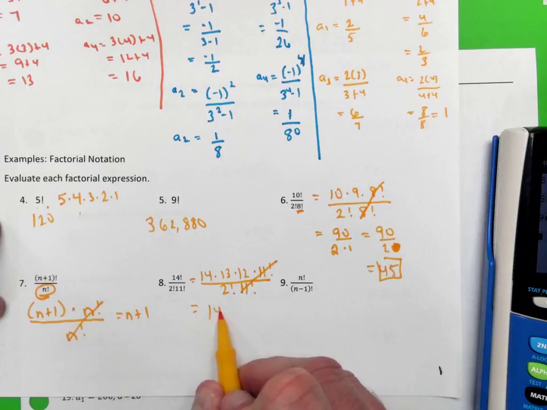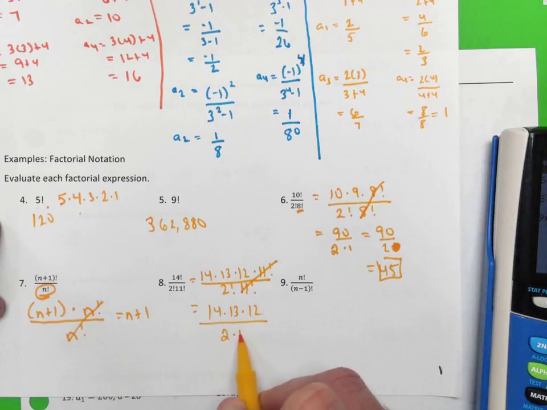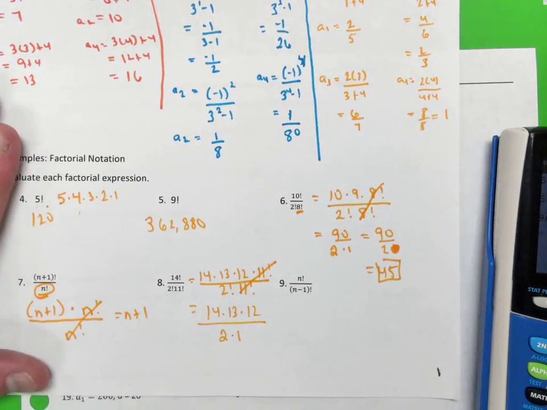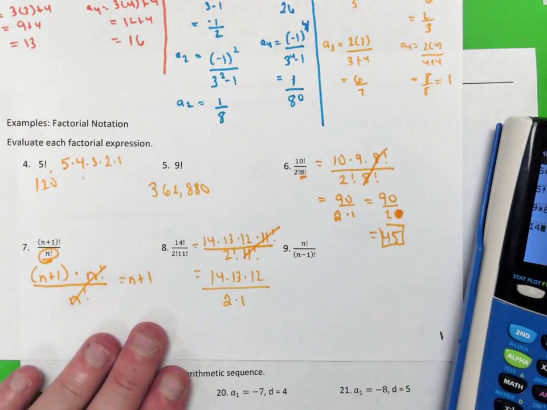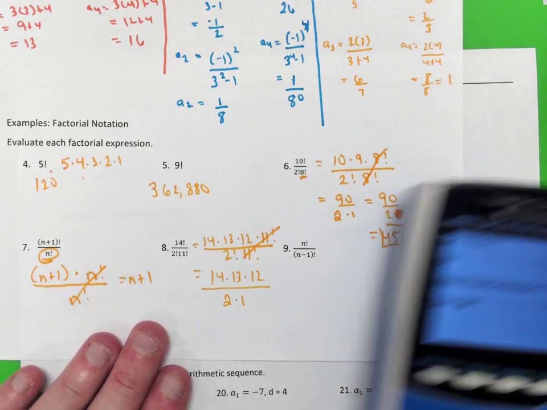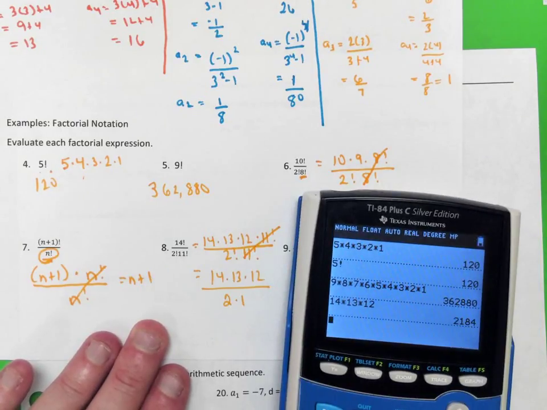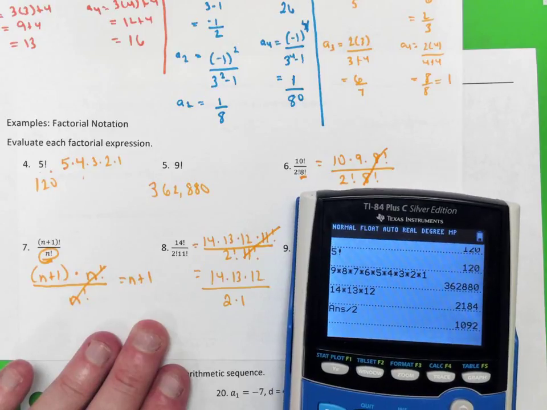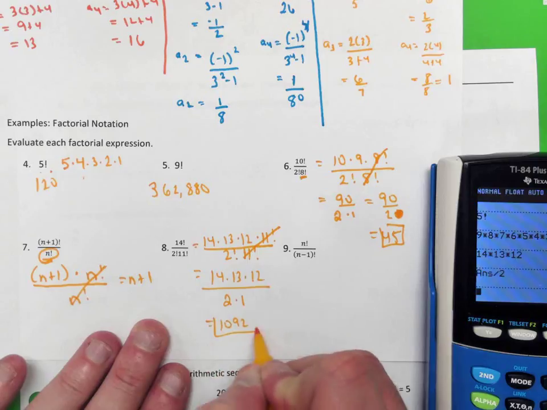And then I have 14 times 13 times 12 all over 2 times 1. Okay, I'm going to calculate the math. Divided by 2, and I get a value of 1,092. And that would be my value there.